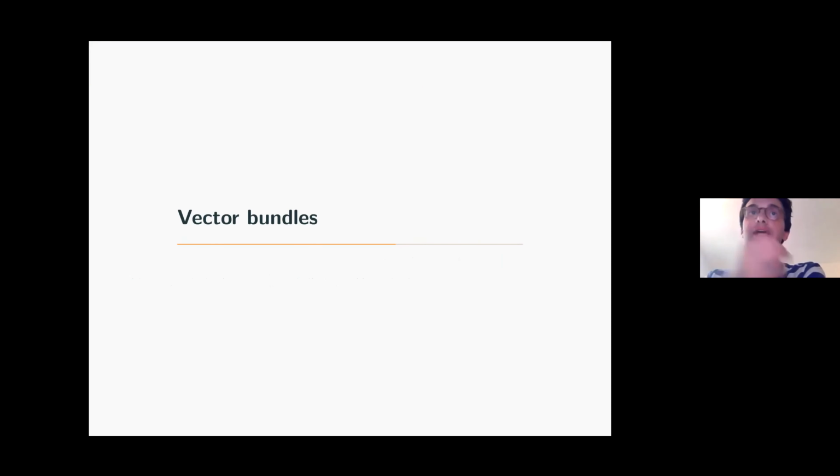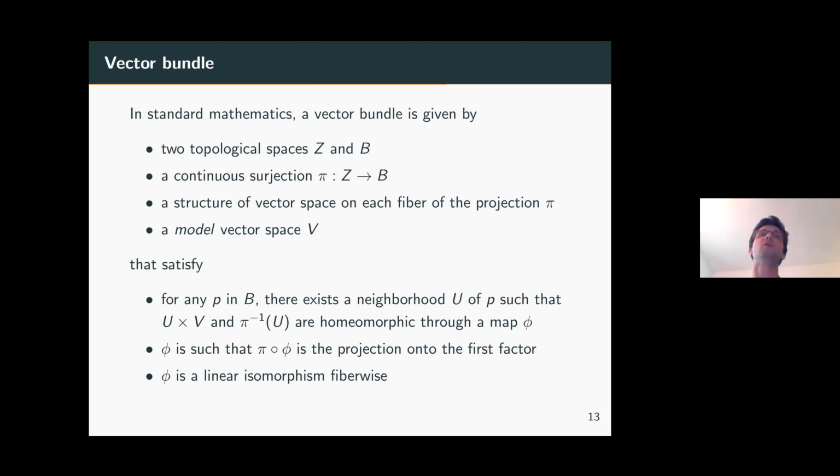So the next thing I would like to talk about is vector bundles, which is also something we formalized, and vector bundles are also a nice case because they are not that trivial to formalize. There are some choices that need to be made.